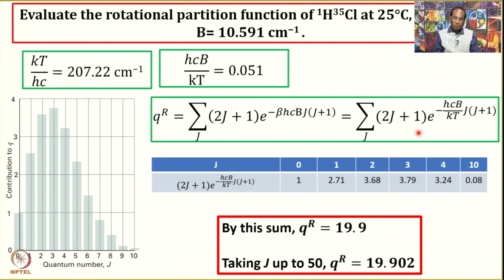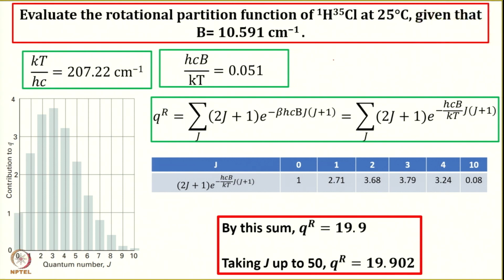Can we use that? For that we need to first calculate the value of the rotational temperature. How do you get that? kθ_R is equal to hcB. When you calculate this value of θ_R, you will see that you cannot ignore it compared to 25 degrees centigrade.